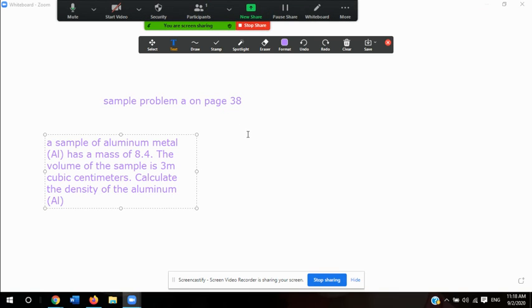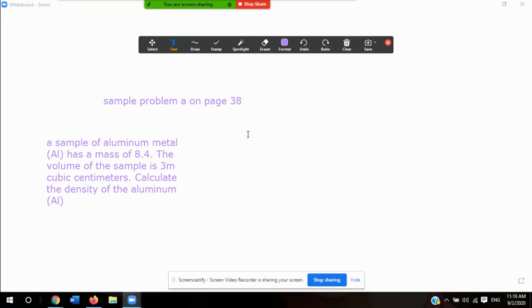Calculate the density of the aluminum. It says a sample of aluminum metal has a mass of 8.4 grams. So we know that the formula for density is D equals M over V. Let me write that down here. D equals M, which is mass, over V, which is the volume.